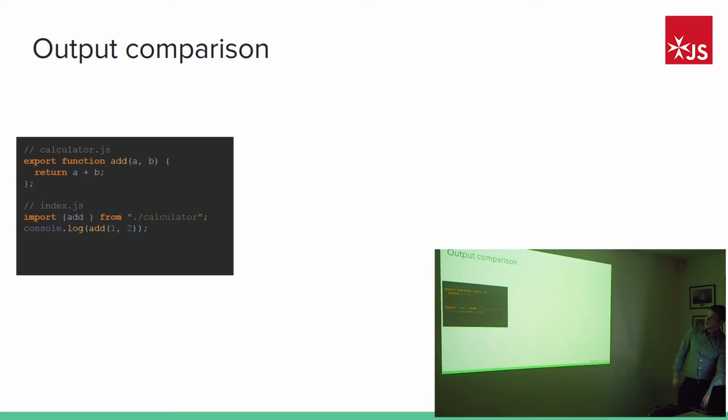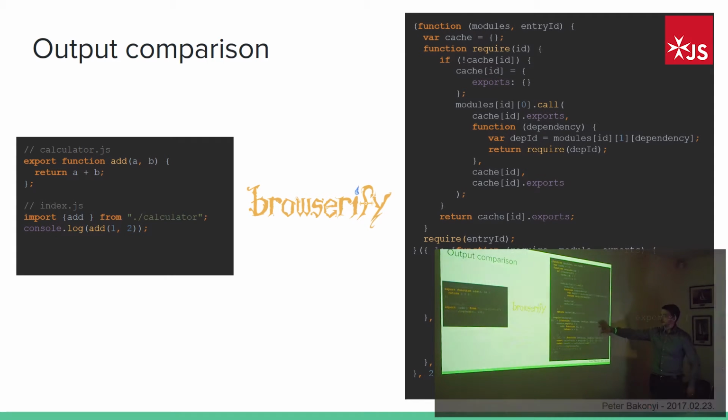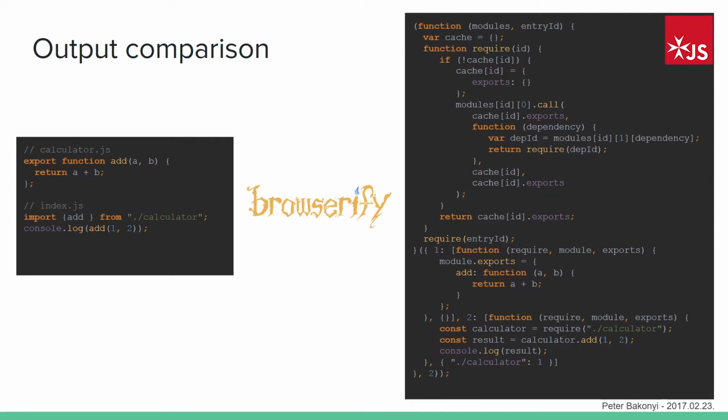So before we look at how rollup.js works step by step, let's do an output comparison, because I think it's very useful to see that this is more or less the browserify code from that one. If we transform this to CommonJS format and then apply our bundler, this will be the output.